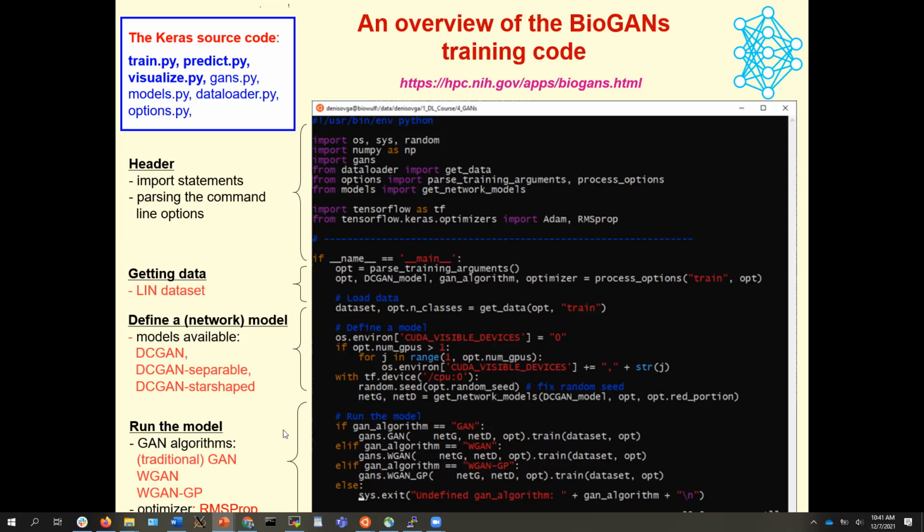And we will discuss different algorithms for training the model on this data, such as traditional GAN, also called vanilla GAN, Wasserstein GAN, and Wasserstein GAN with gradient penalty. And we also touch base on the optimizer, the particular algorithm that will be used for the minimax optimization, RMSprop.